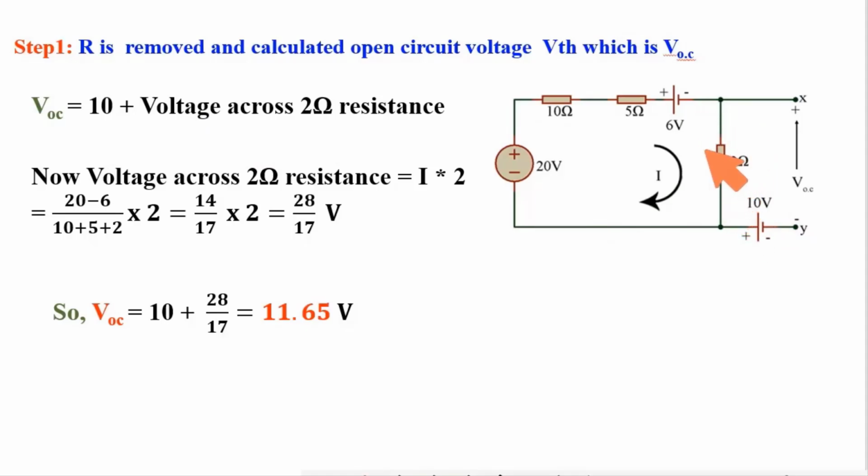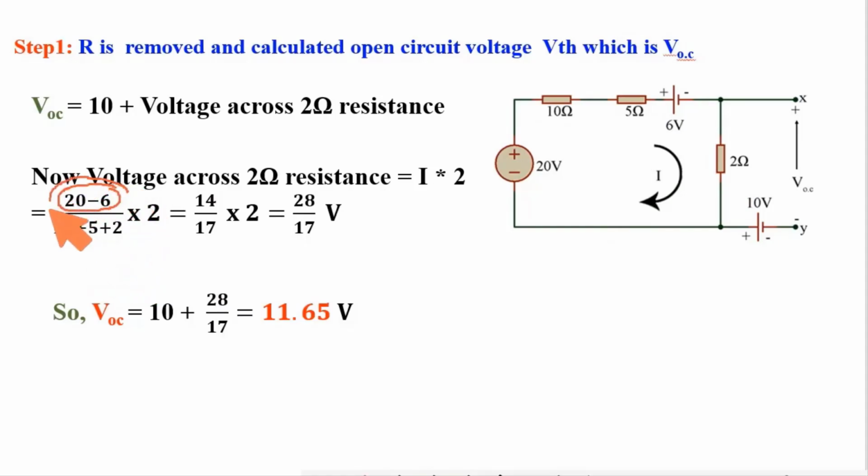The voltage across this resistance is this current I multiplied by this 2 ohm. Now what is this I? I is equal to the total voltage in this circuit divided by the total resistance. Now see here, minus plus plus minus. If I consider this voltage as positive, this will be negative. So ultimately, the equivalent voltage of this loop is 20 minus 6, and the resistance is 10 plus 5 plus 2, that is the circuit resistance.